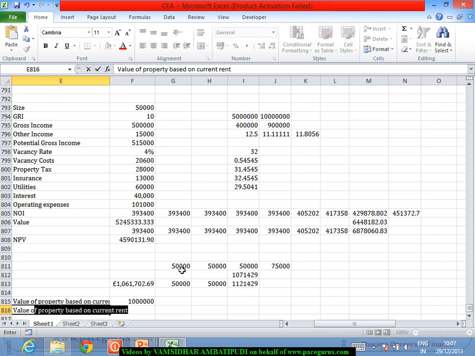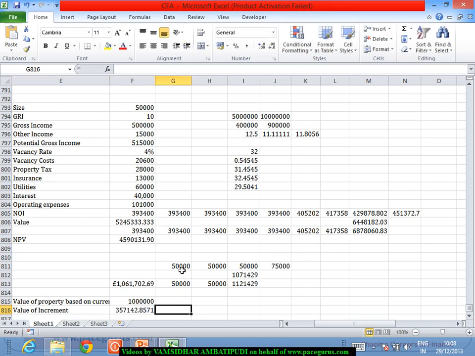So the value of the increment in rent is going to be 25,000, because from 50,000 it is going to increase by 25,000 to 75,000. For the value of the increment of 25,000, I have a capitalization rate of 7%. So I discount that by 7%. This is the value of the increment at the end of 3 years.